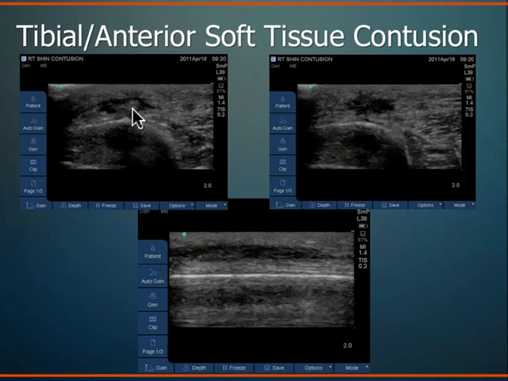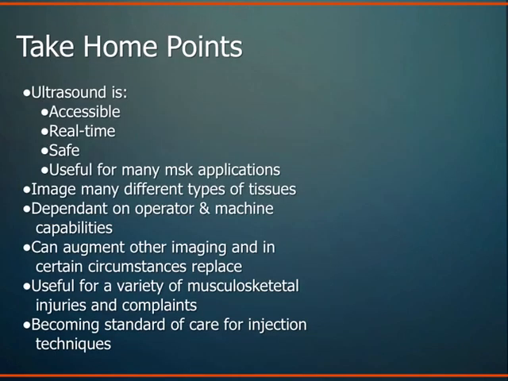Sometimes with these hematomas you get thickening of the tissue and a collection of tissue debris, which can sometimes cause other complications which you could follow on ultrasound that you might not necessarily see on X-ray or other imaging modalities.